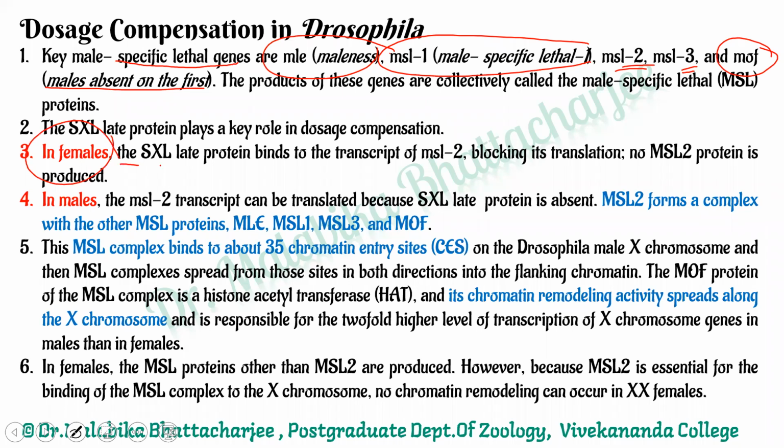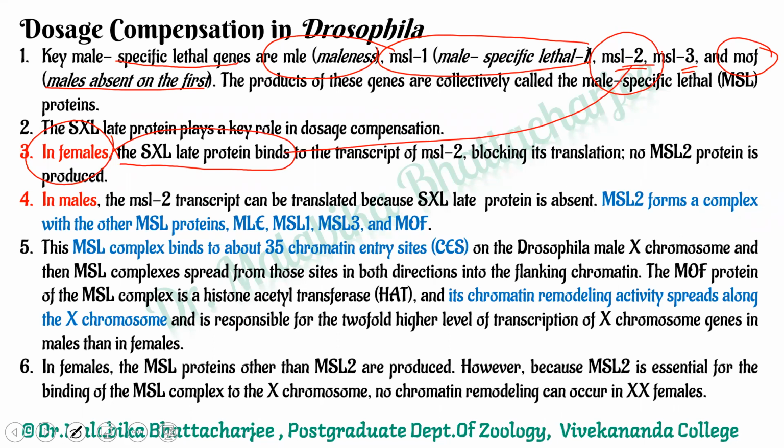In females, the SXL late protein is produced, which is capable of binding to MSL2. This gene is present in both the flies.